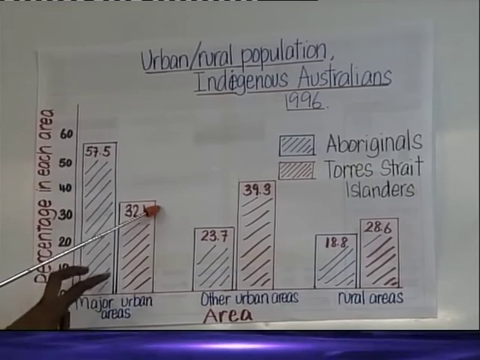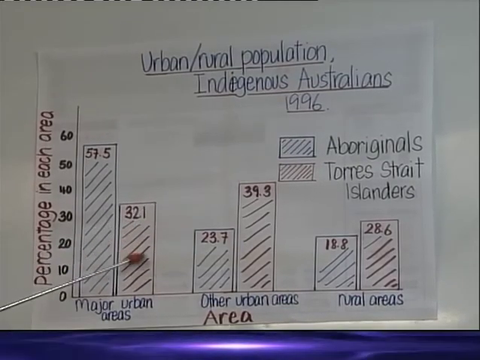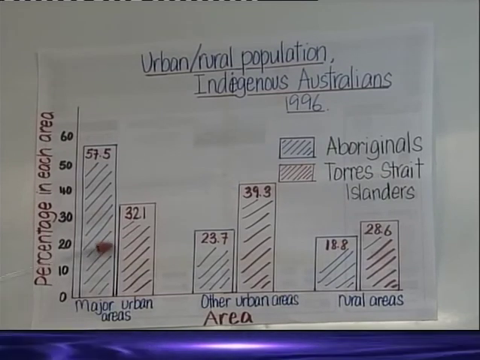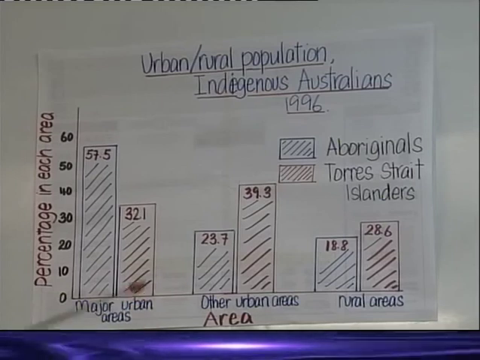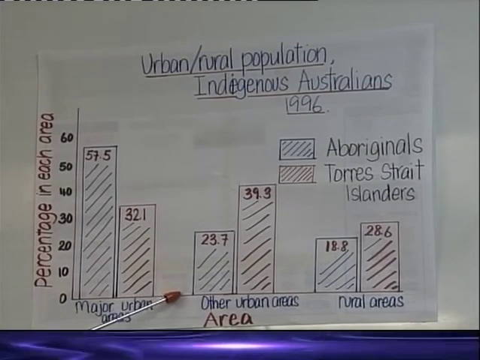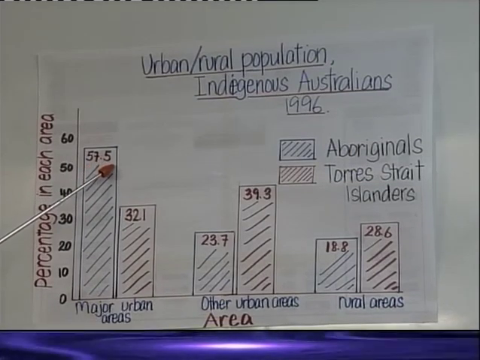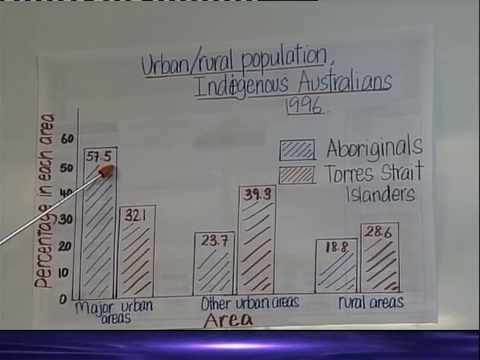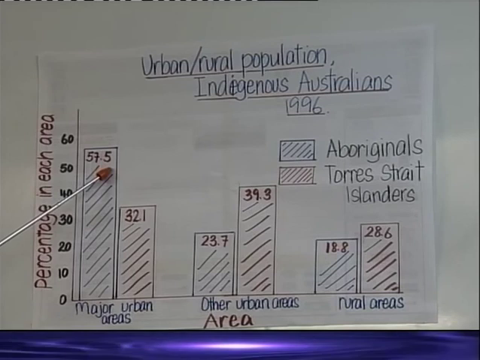But altogether, these two natives are living in major urban areas. So the question is only asking for the percentage of Aboriginals. So what is the percentage? 57.5%. The answer is 57.5.